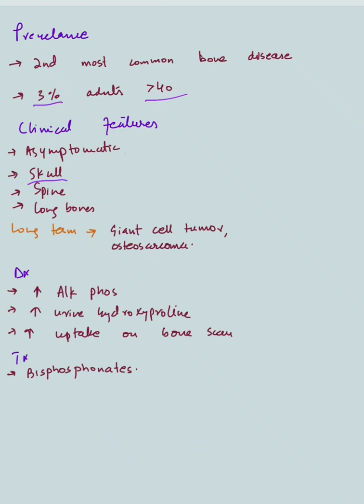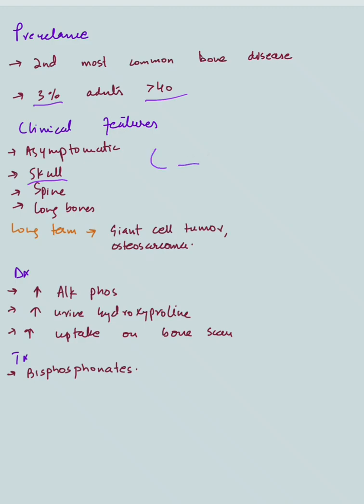In the skull, there's increased bone formation. It results in increased head size, so the skull size increases. Another thing is hearing loss, and the reason for that is because there are foramina in the skull.